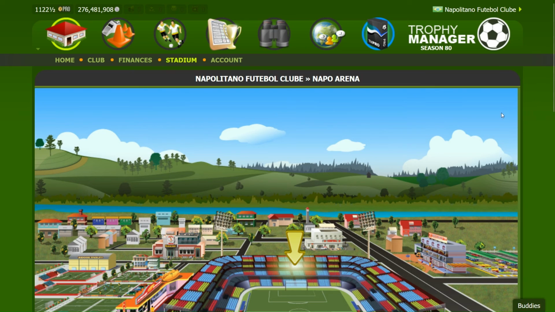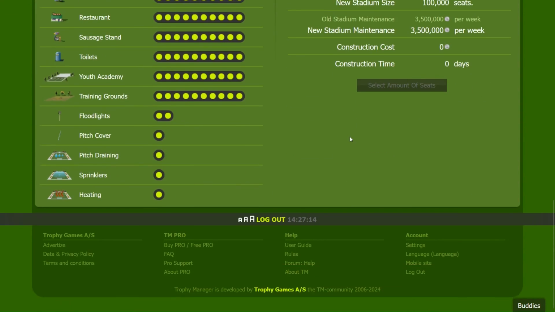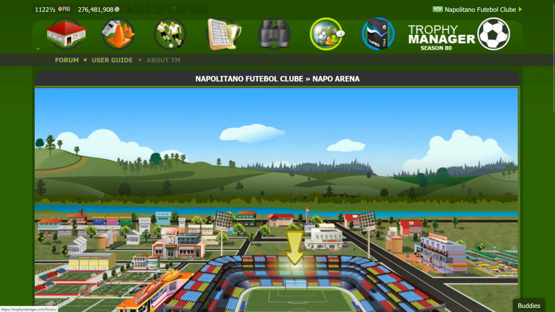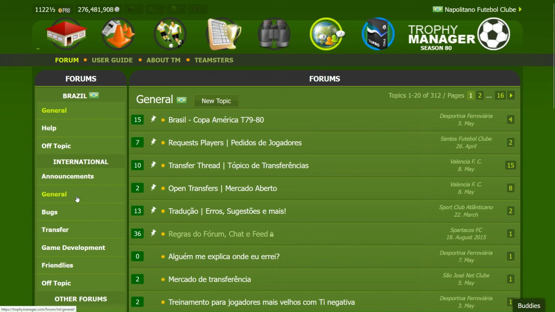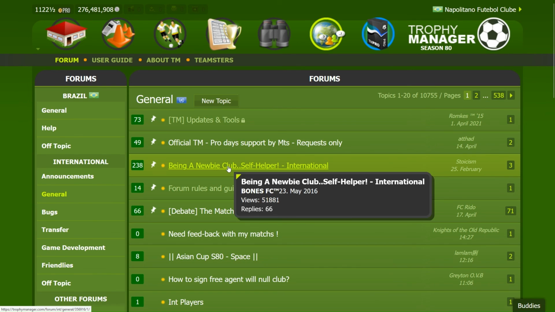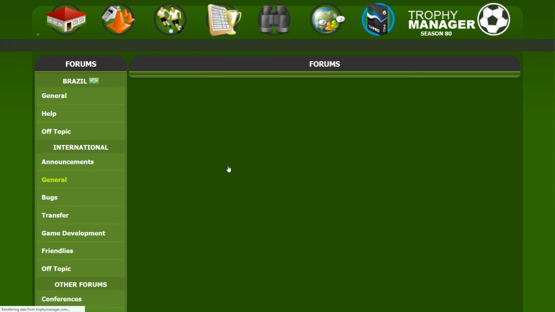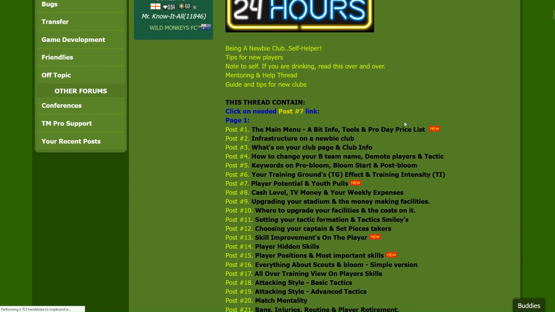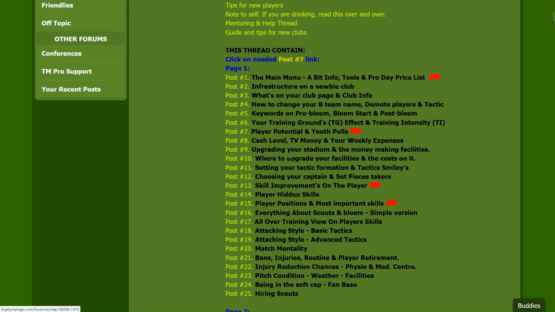I told you that I was gonna show you how to get to the newbie guide and check the prices for revenue and maintenance. Let me do it. You come to the forum, then the international forum, at the general section. You see the newbie guide here. After you click in the list of posts, you go to post 10 about stadium facilities.